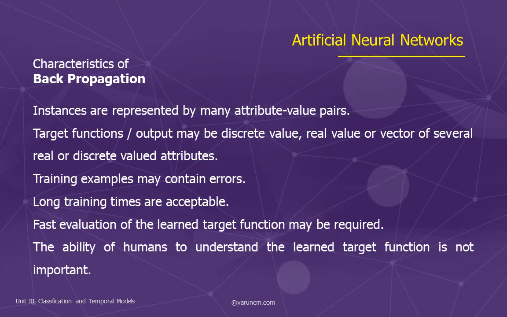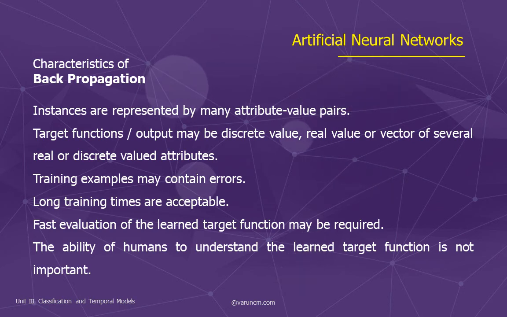The second is that the training examples may contain errors that may not affect your execution. And the third is that long training times are acceptable. A large amount of training time may be consumed, and that is not a problem in the case of back propagation.